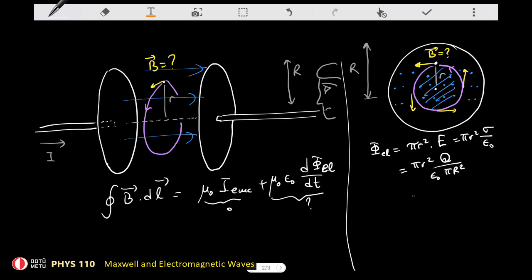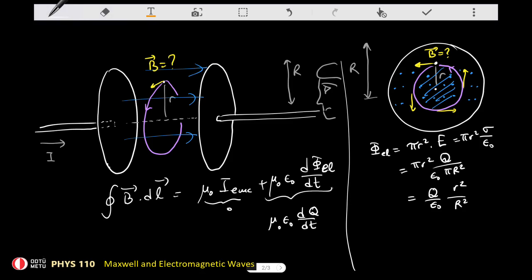So in this situation, the electric flux is equal to, there is no pi, sorry, Q divided by epsilon 0 times r squared divided by R squared. All right, so as a result, on the right-hand side, I have mu 0 epsilon 0 times the rate of change of the charge, so that's therefore dQ over dt. Let me erase this.